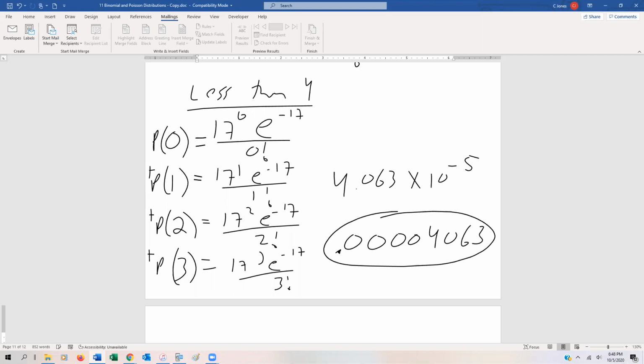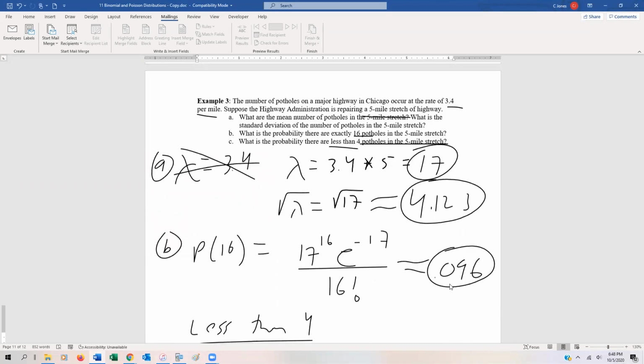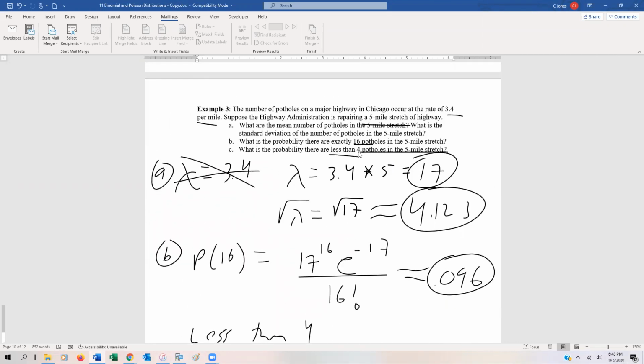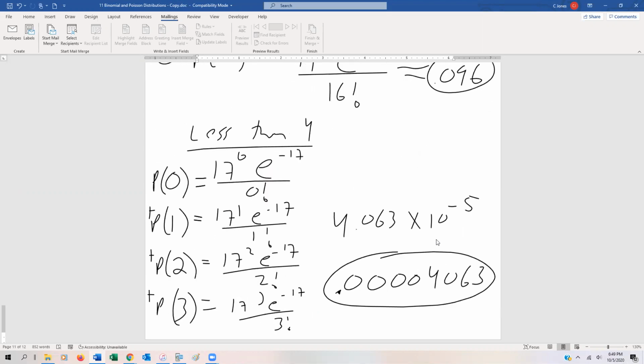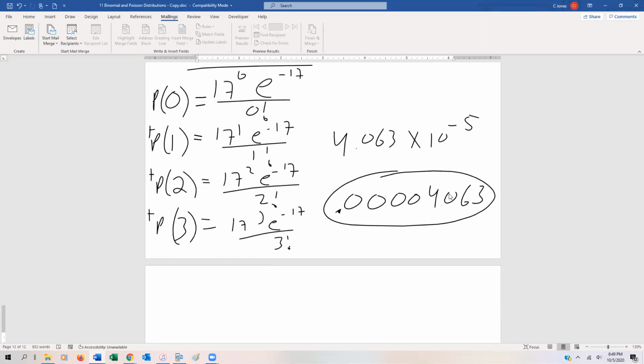That basically means it can't happen. I mean, it can happen, but it almost never will. So the probability that there are less than 4 potholes in the 5-mile stretch, if we know there's an average of 3.4 potholes per mile, is almost impossible. Keep that in mind when you're computing these sorts of things. Realistically, we're just trying to determine if it's feasible or if it's one of those things that we shouldn't expect to happen.